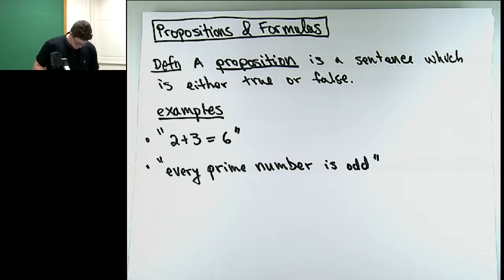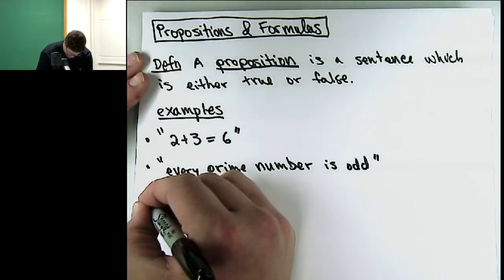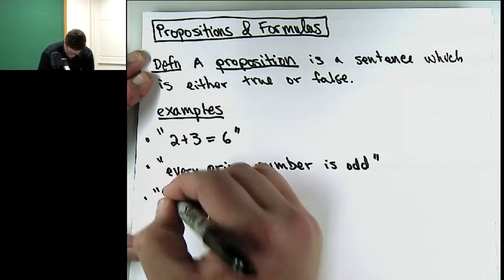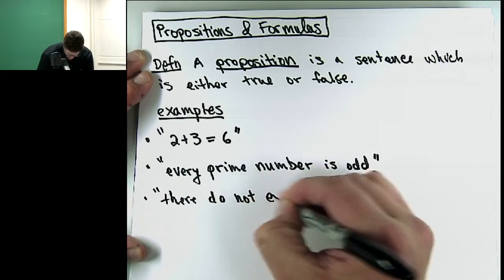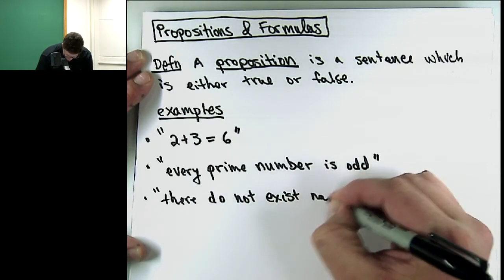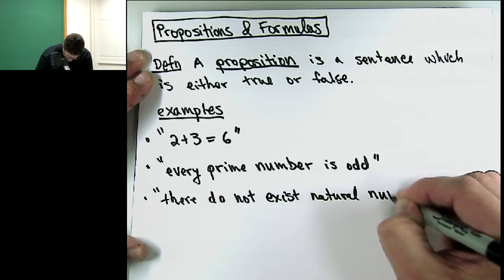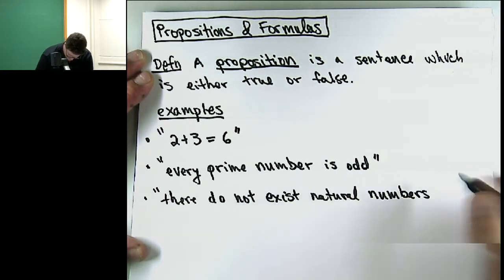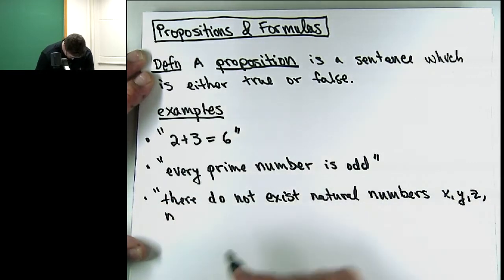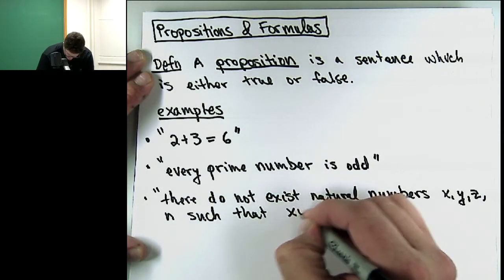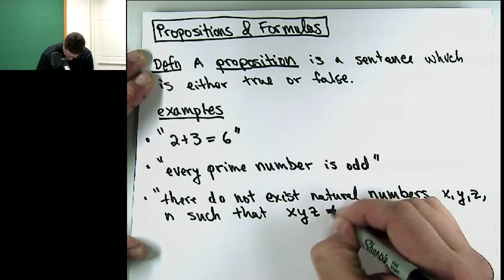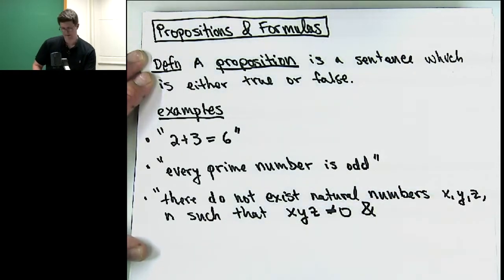Okay, so we can give more complicated expressions, things that don't have simple proofs. So let me do this one. There do not exist natural numbers x, y, z, n such that x times y times z is not equal to 0, and, this is my symbol for and, an ampersand.